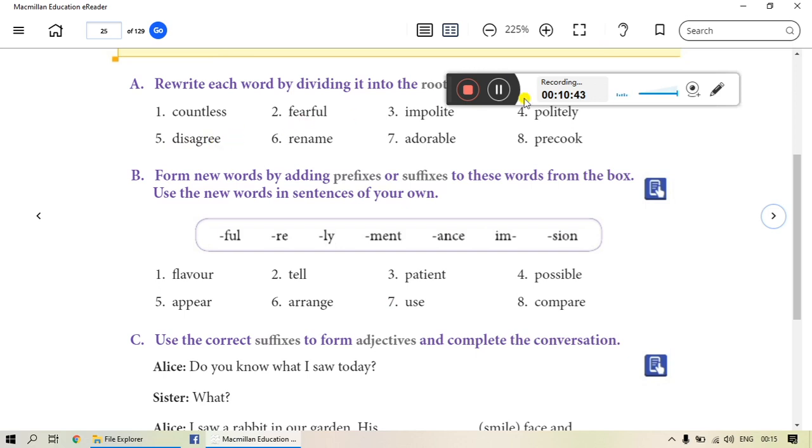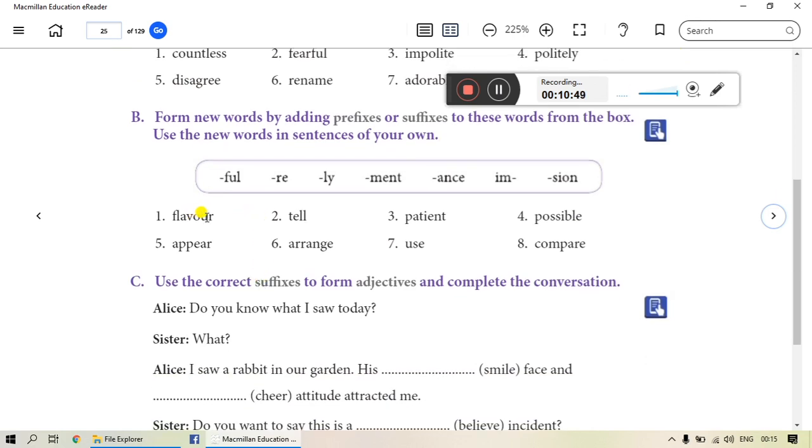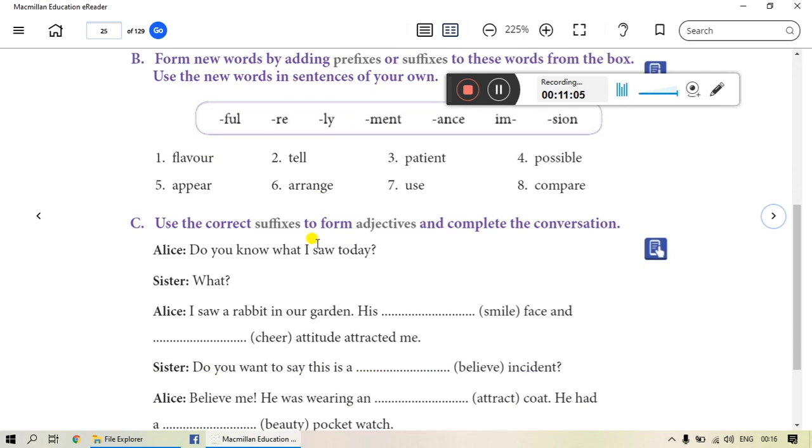So you'll attempt part A like this, and in part B you have to do the opposite. You have to add the prefix or suffix to the word and make the new word, and then you also have to use it in a sentence of your own. So do this in your literature copy.